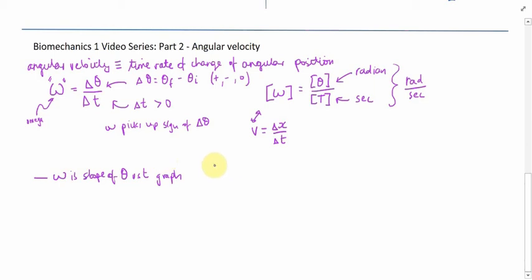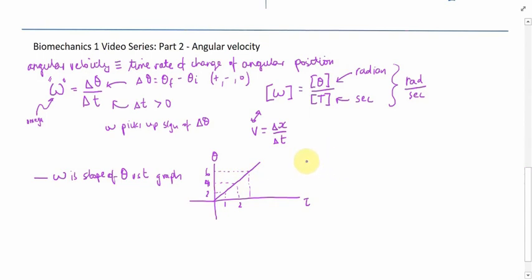Say, for example, I had an angular displacement versus time graph where at 1 second, the person was at 2 radians, at 2 seconds, the person was at 4 radians, and at 3 seconds, the person was at 6 radians. That's how they tended to rotate.